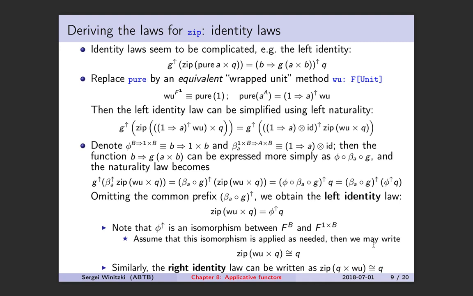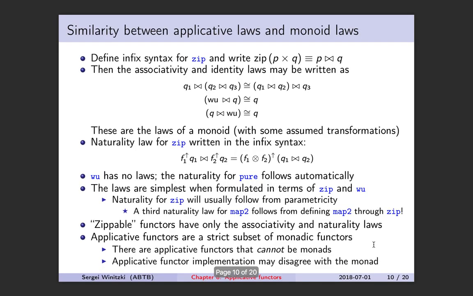So then let's simplify the notation some more. Instead of zip of P Q, let's write this. Now this is just a symbol I invented. It doesn't matter what it is, but it's kind of a zipper symbol.